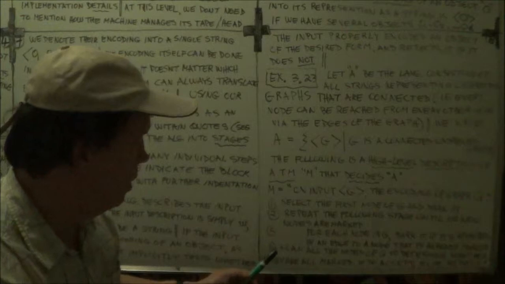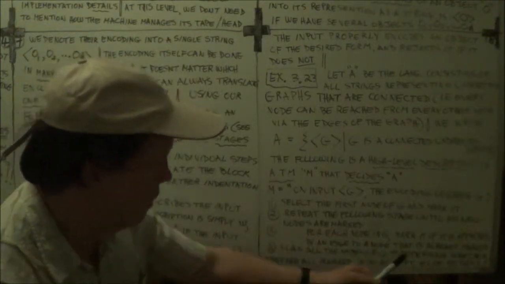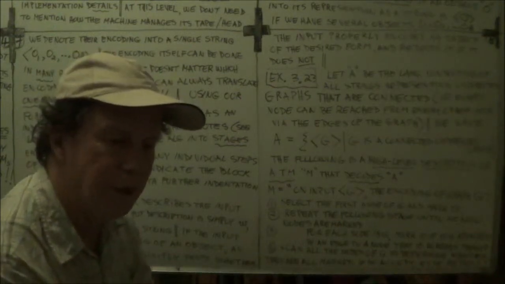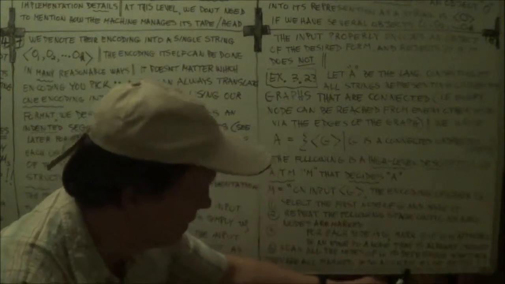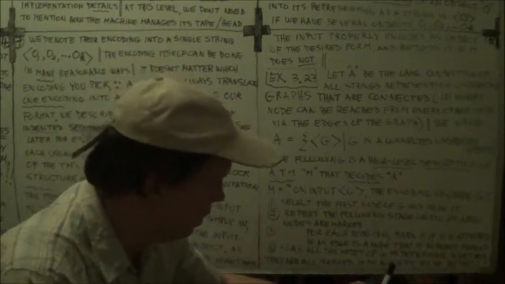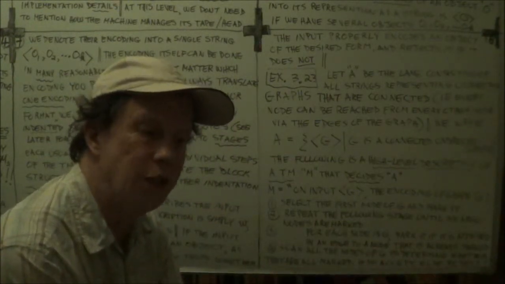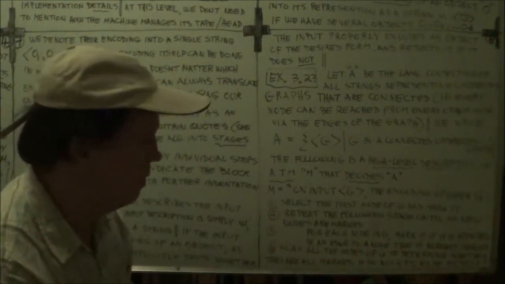So in stage 4, when you check every node to see if they're all marked, if you find one that isn't, then you reject. So stage 4 is to check that they're all marked. If they are all marked, we accept, and if they're not, reject. So it's either an accept or a reject situation. Therefore, your Turing machine is a decider. It's more than just a recognizer.